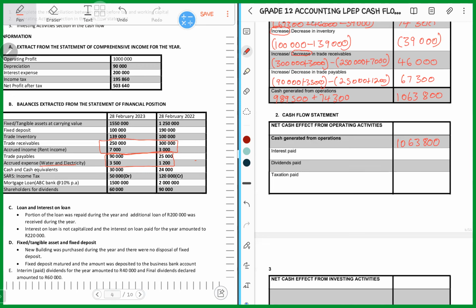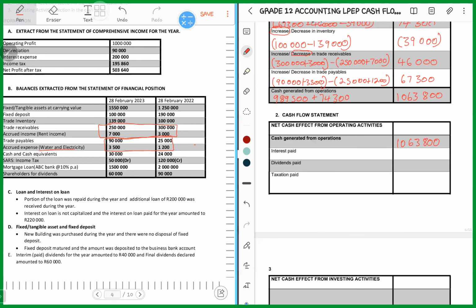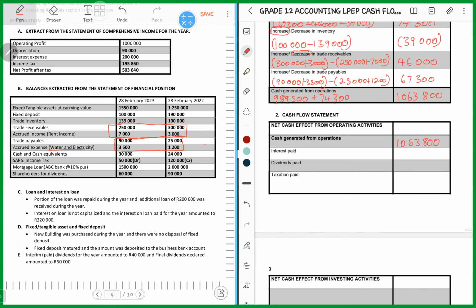There is a difference between interest expense and interest paid. The one from the statement of comprehensive income is the interest expense. But for the interest paid, we're going to refer to information C, bullet number 2. They are saying interest on loan is not capitalized, and the interest on loan paid for the year amounted to 220,000. So we're going to come here and say 220,000.